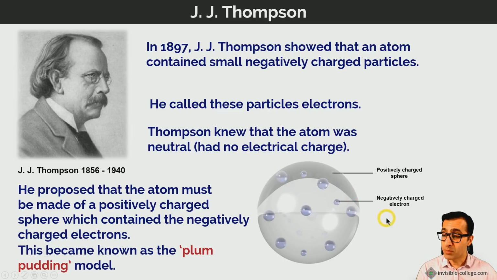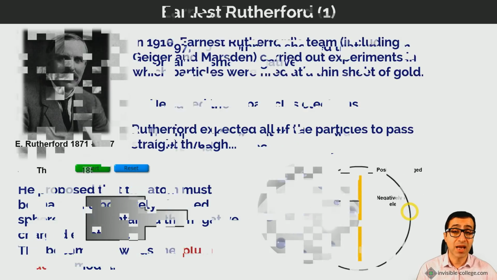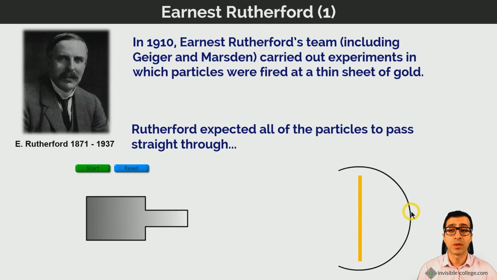So this was J.J. Thomson's model, but later on in the early 1900s, Ernest Rutherford's team of scientists, which included scientists named Geiger and Marsden, who themselves were very important for other reasons, carried out experiments in which alpha particles were fired at a thin sheet of gold film.